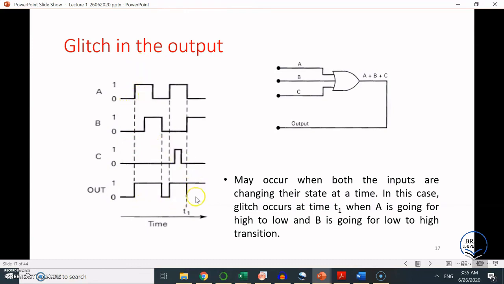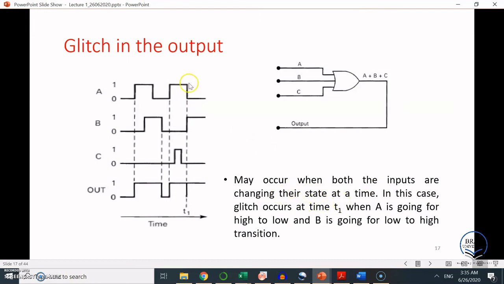If you look at timing T1, you can see at T1 our A is going from high to low and our B is going from low to high. A glitch may occur when both inputs are changing their state at a time.